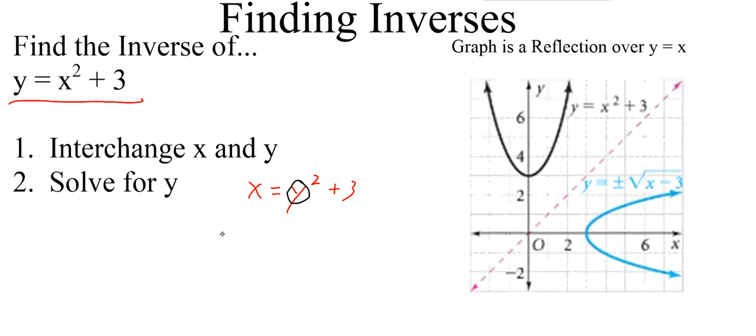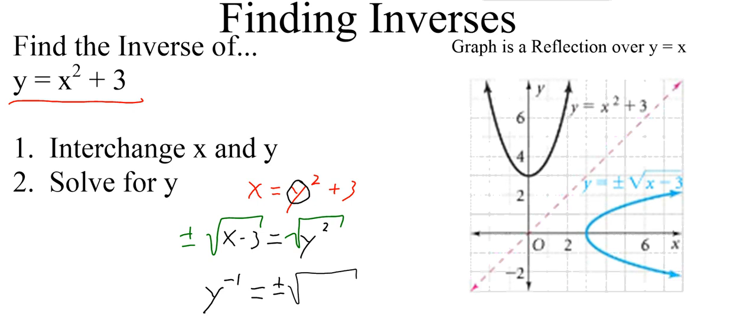I'm first going to subtract 3 from both sides, so I get x minus 3 equals y squared. Now to undo the squared, that is done by taking the square root of both sides and remembering the plus or minus. So our inverse is y equals plus or minus the square root of x minus 3.